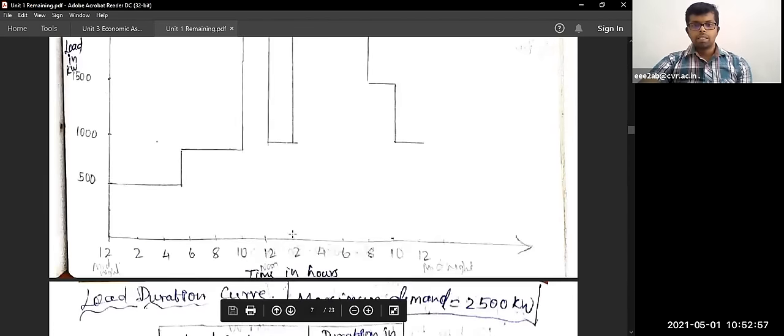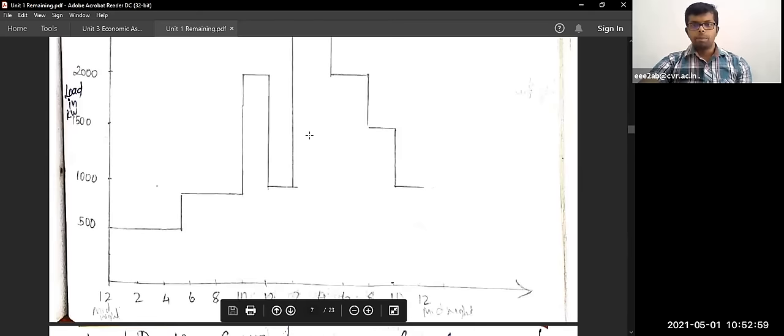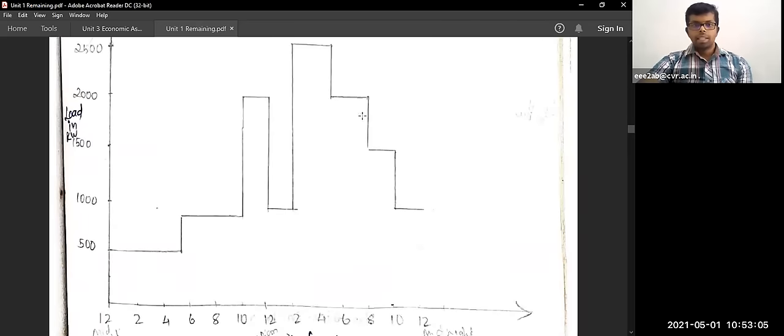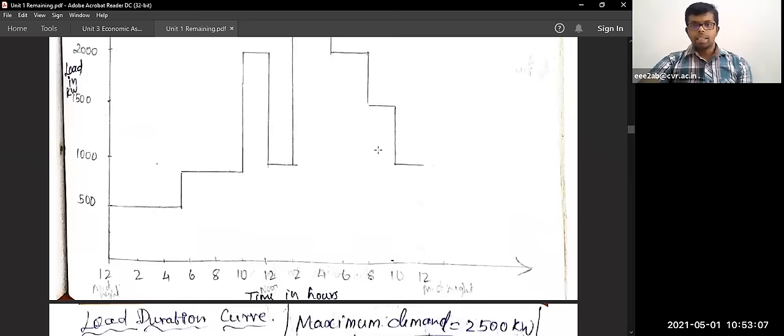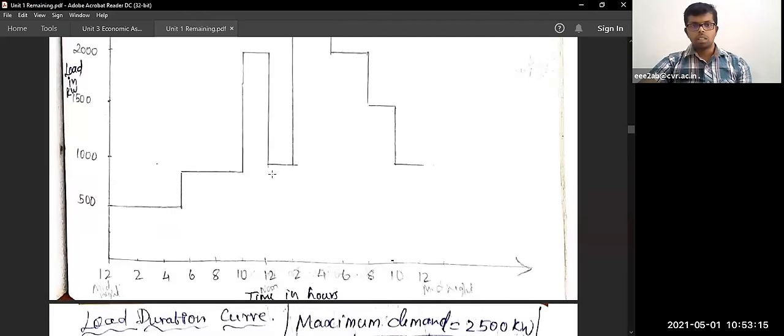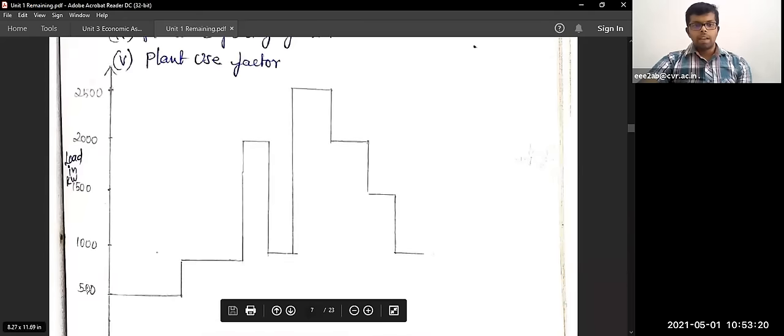Next, 8 to 10 is 1500 kilowatt. Next, 10 to 12 is 1000 kilowatt.